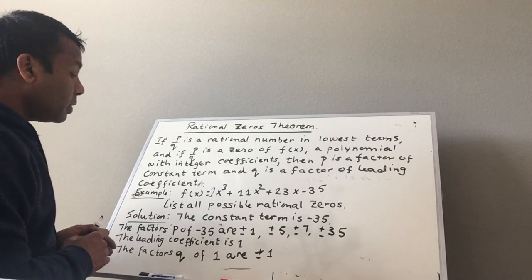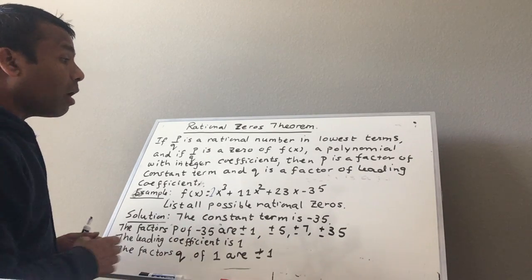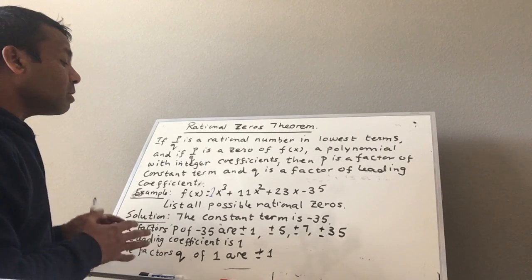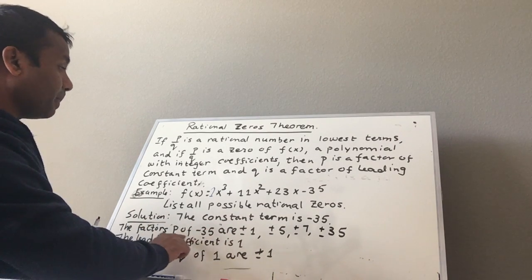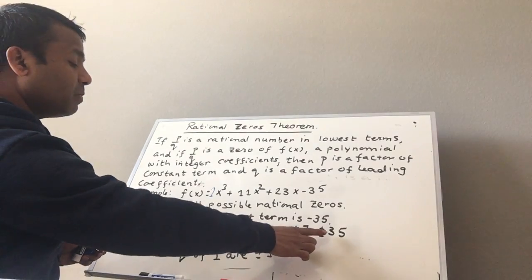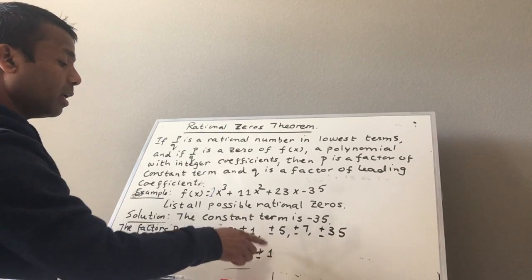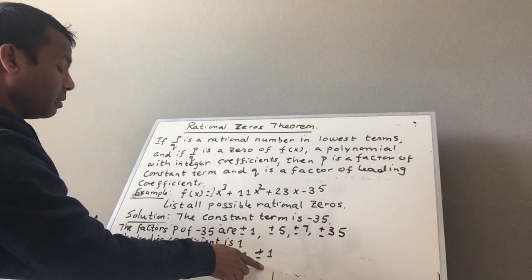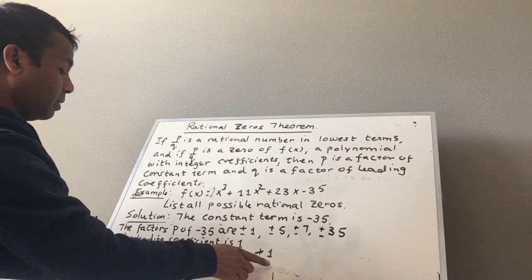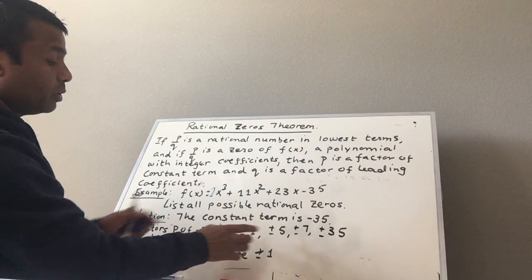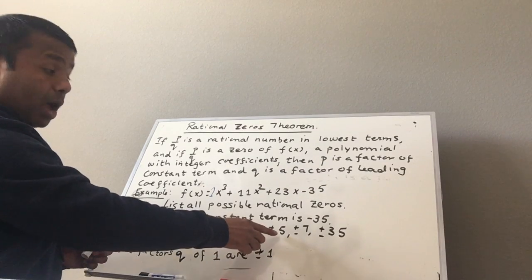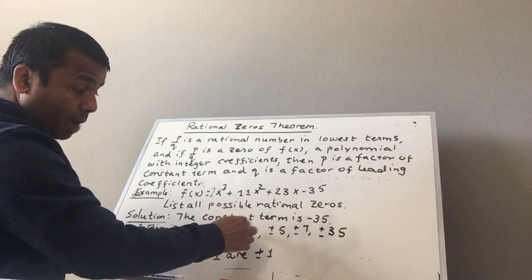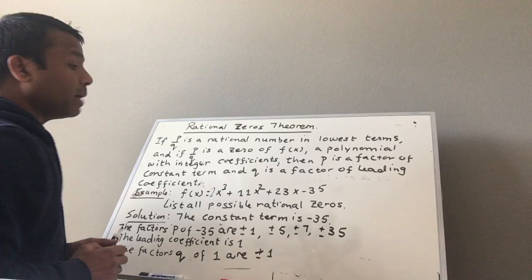Now what do you need to do? To get all possible rational zeros, you have to divide these values of P by the factors Q of 1. You have to divide each of them by plus or minus 1.